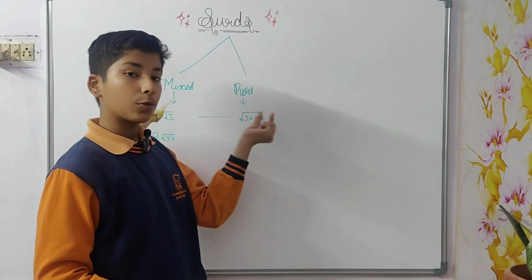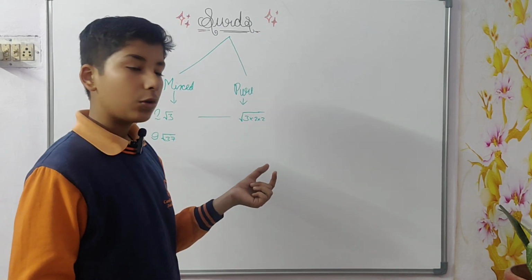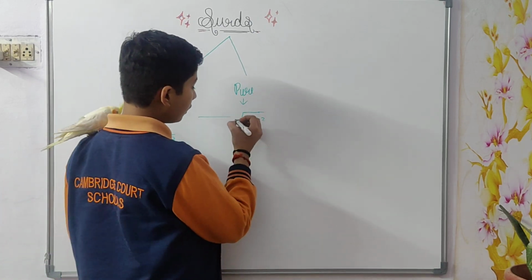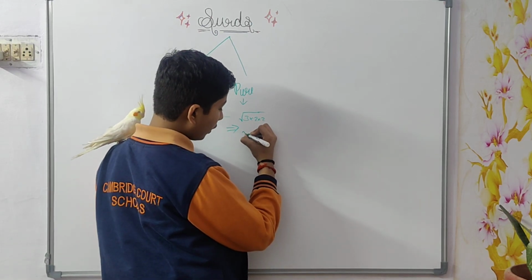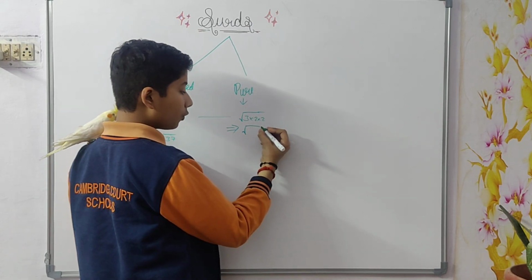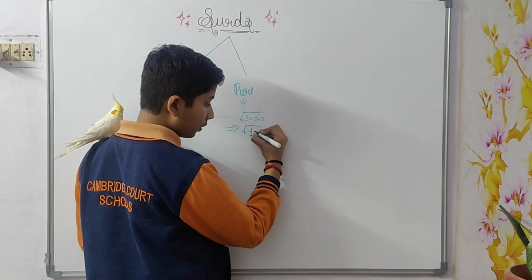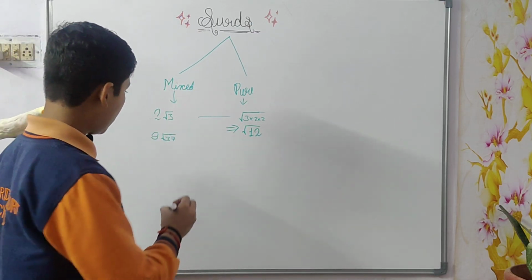I mean, you have to do square of it. But if it is cube, you have to do cube of this number. Okay, and same with other powers. So it will be root 3 into 2, 6, 6 into 2, 12. Root 12. Okay, so 2 root 3 is root 12.